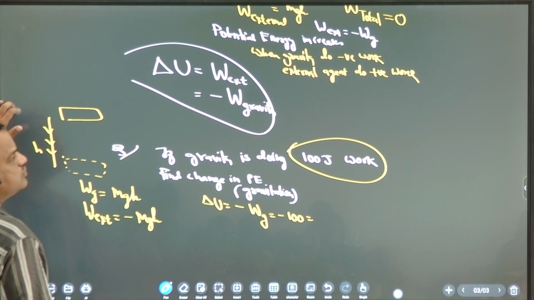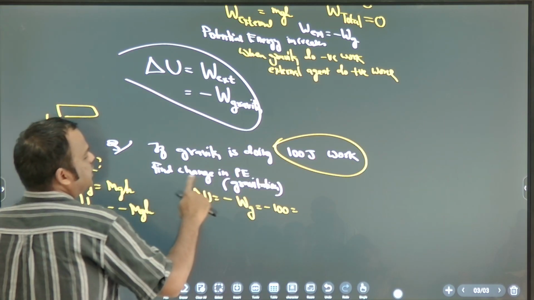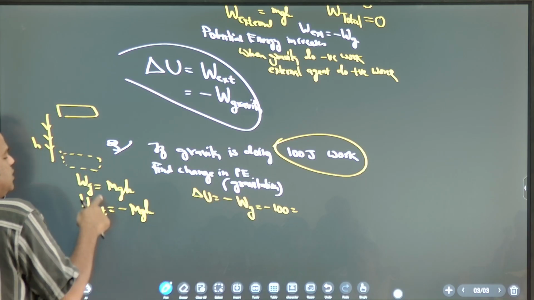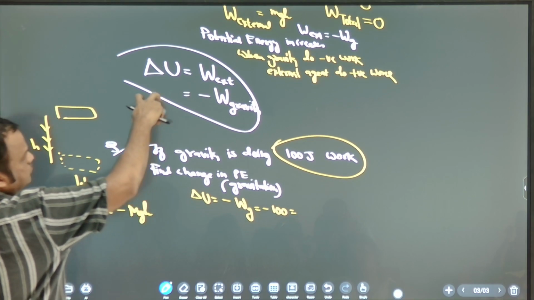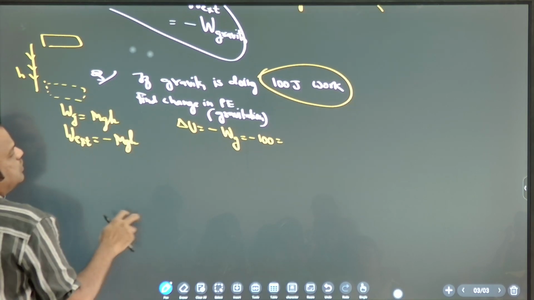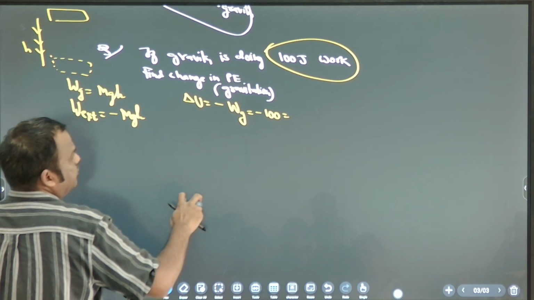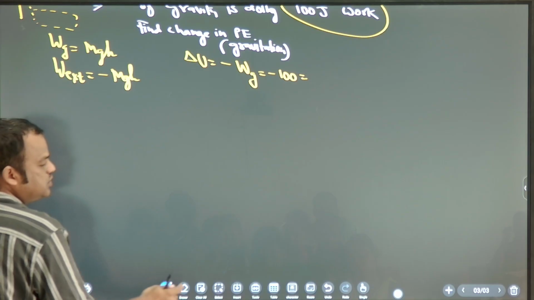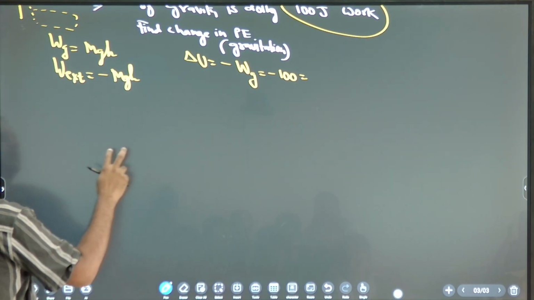Okay, clear? If gravity is doing positive work, change in potential energy is negative. So potential energy is related to gravity. If gravity is doing positive work, delta U is negative. Remember, delta U is negative.